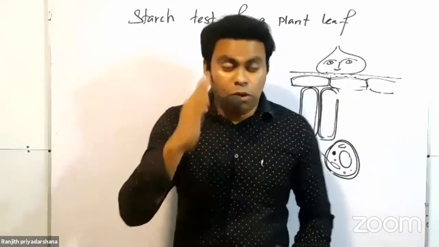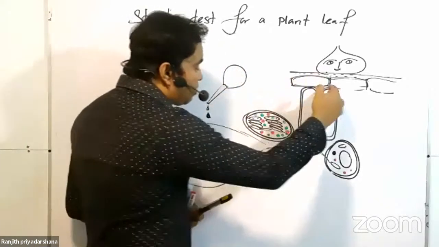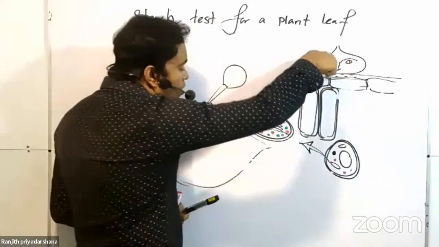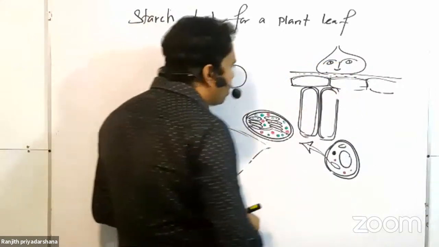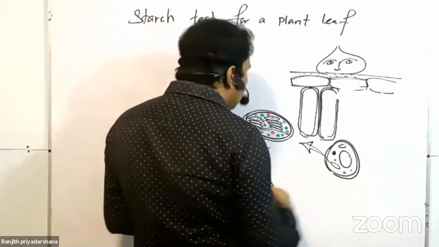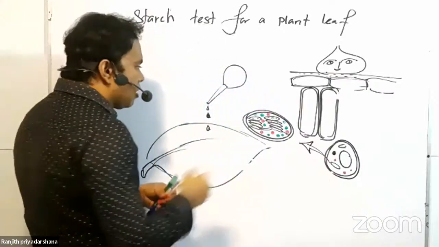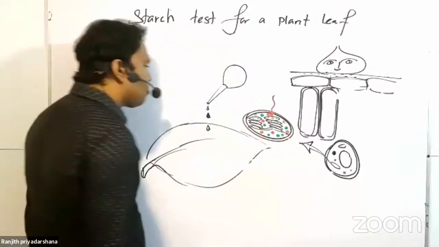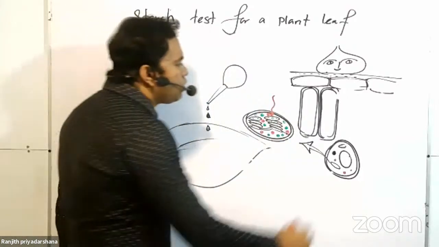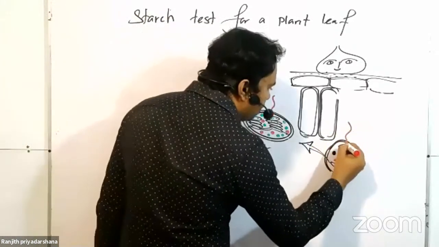So if you want to give the permission, if you have to make this permeable, what gets permeable? The plasma membrane gives permission to go across. So if you have to do so, here's the plasma membrane.